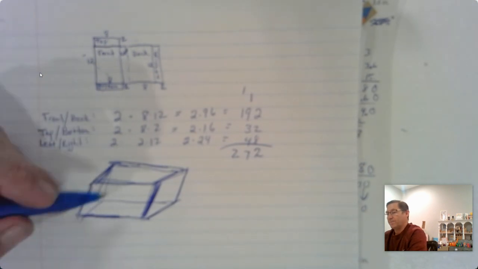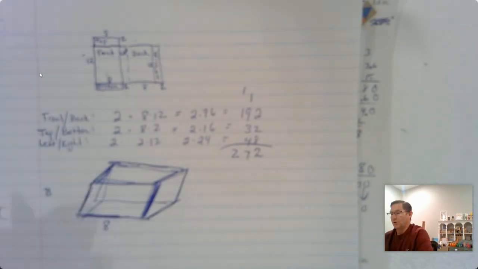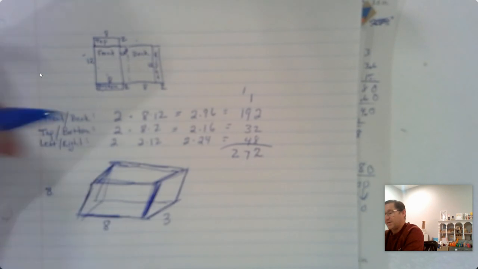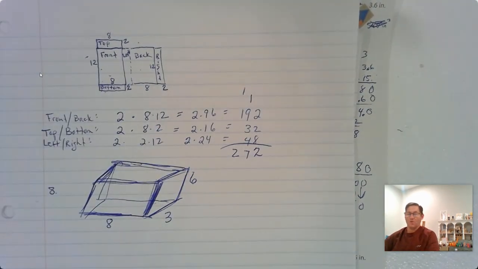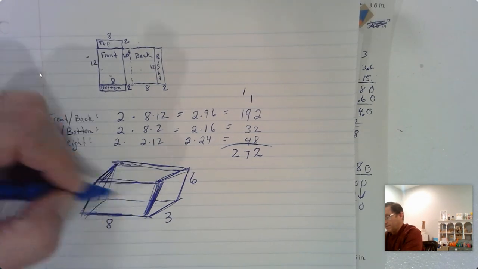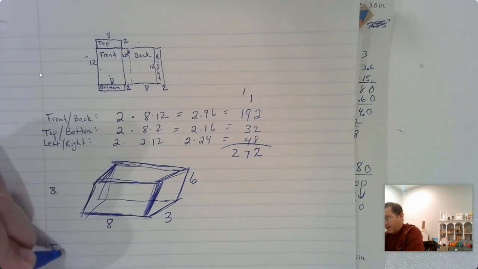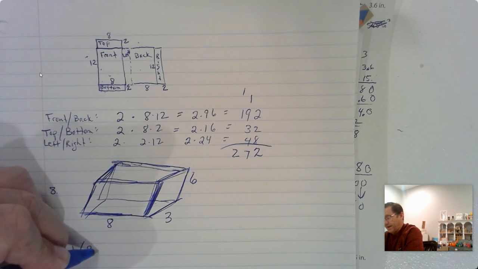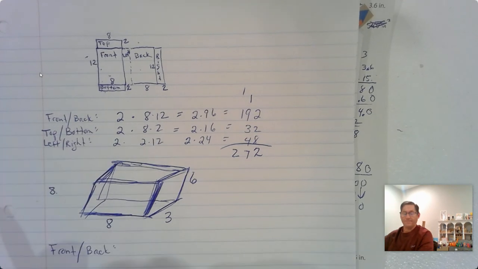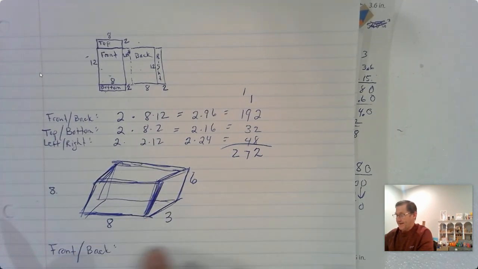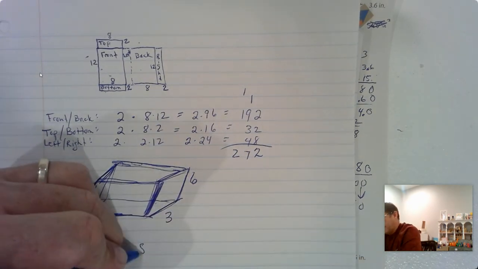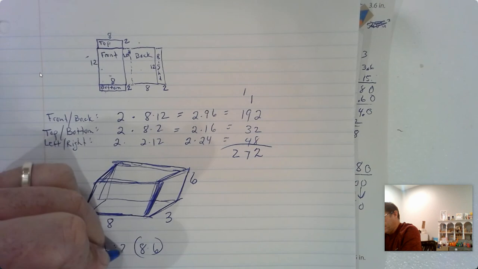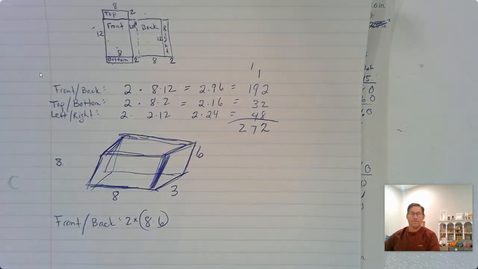Okay, so they told us that it's 8 inches long, 3 inches wide, 6 inches high. Well, the front and back, right? So the front is 8 times 6 multiplied by 2.